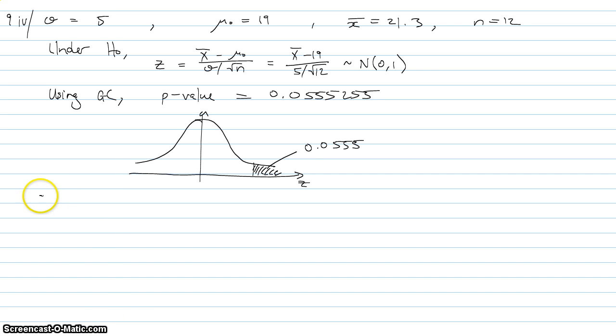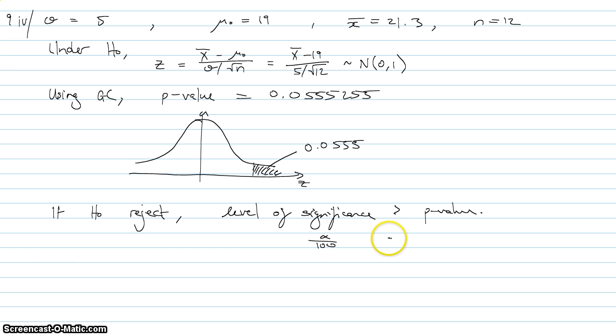So if H0 is rejected, we would need the level of significance to be bigger than the p-value. So we're asked the level of significance at which it is rejected, so we can say that alpha over 100, so alpha percent is what we're going to be talking about, must be bigger than 0.0555.